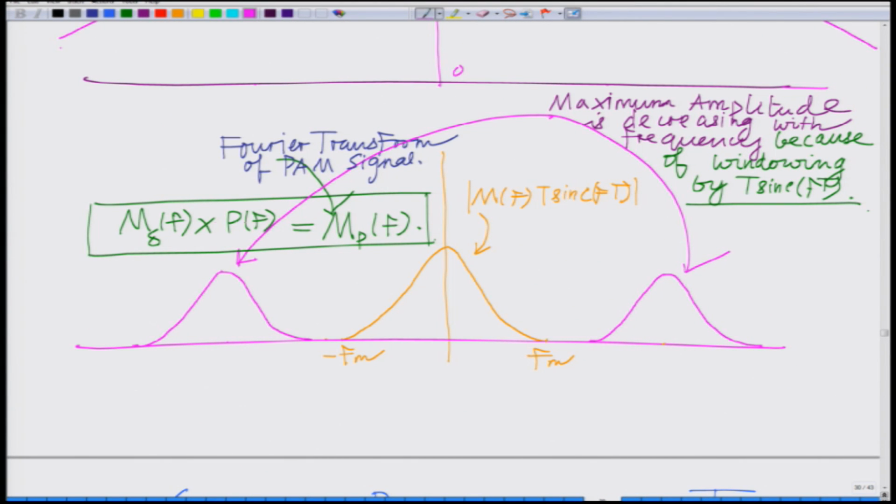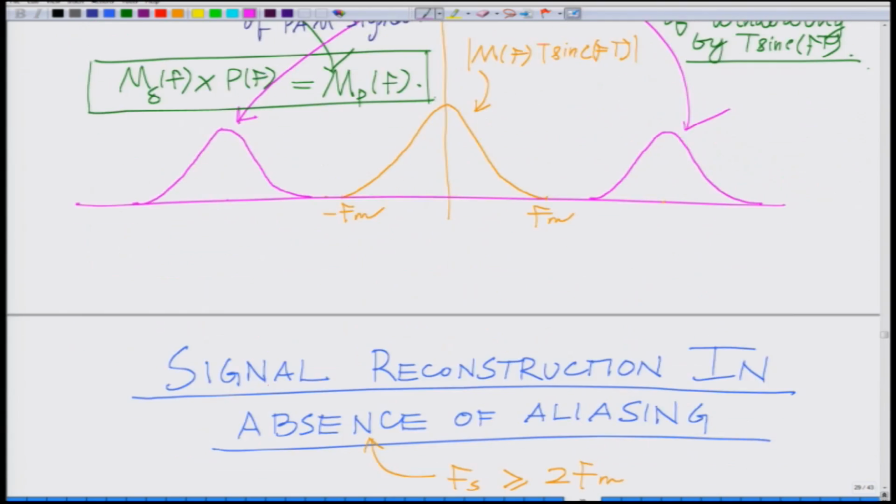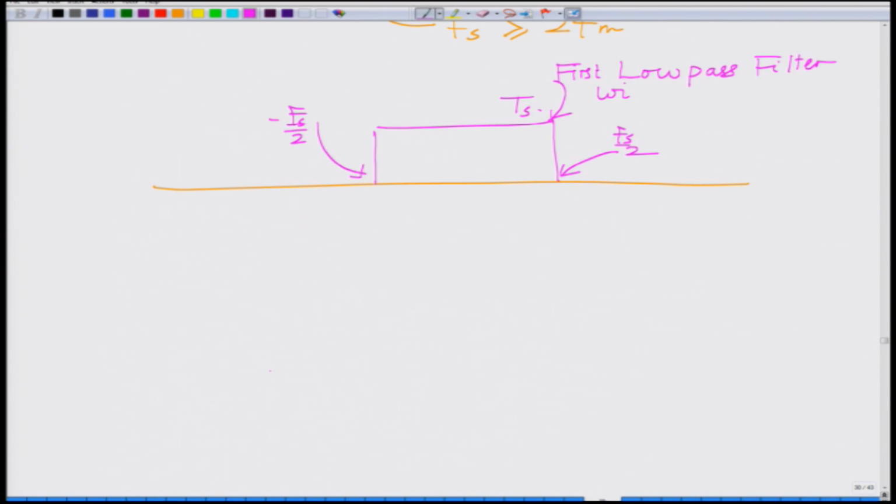Now, M delta f, we know the expression for this.